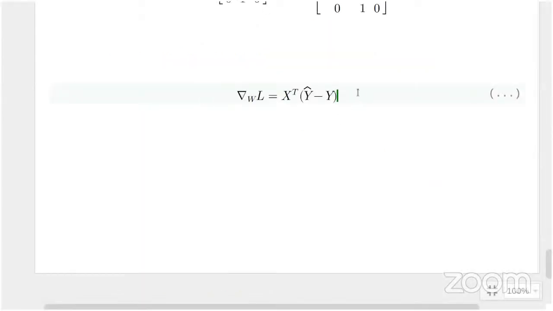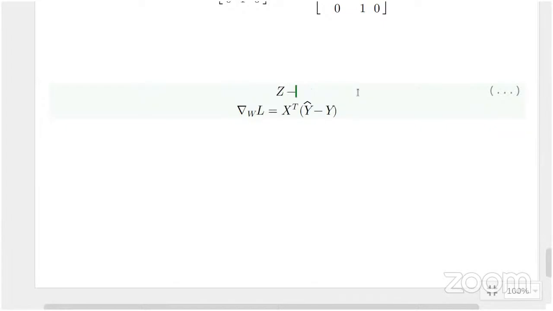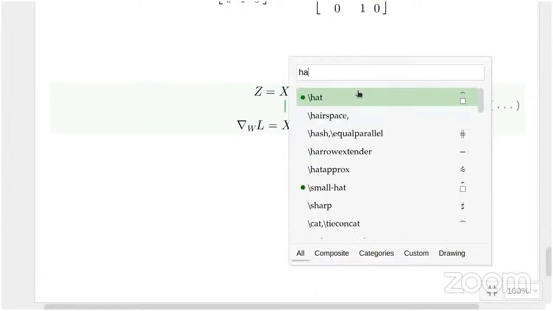Right. So in softmax regression, Z is what? Z is XW plus B. This is in softmax regression. In neural networks also, this is the same thing. And Y hat in softmax regression is what? And the gradient turned out to be X transpose into Y hat minus Y. So in the case of the output layer of the neural network, nothing changes.